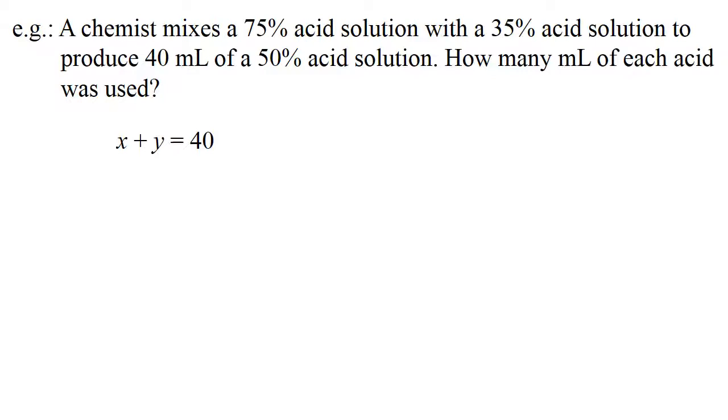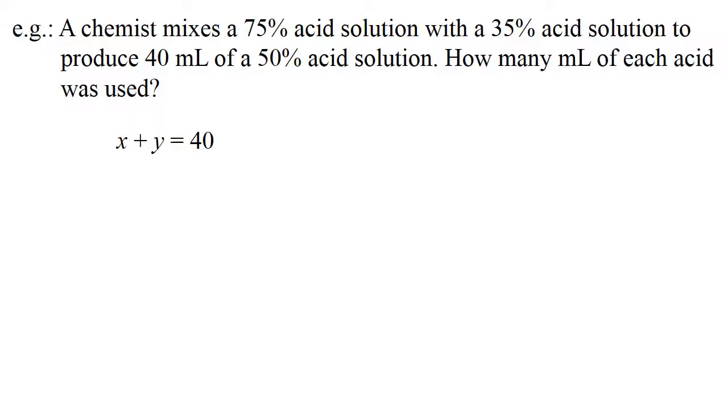Now, when you're looking at percentages of a solution, what you do is multiply the percent times how much solution you have, and that'll tell us how much acid. So I'm going to figure out how much acid is in the first solution, how much acid is in the second solution, and that's going to give me the total amount of acid in my mixture. And so I'm going to multiply each of these values by their appropriate percentage of acid.